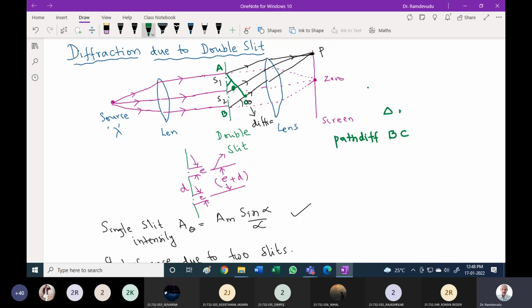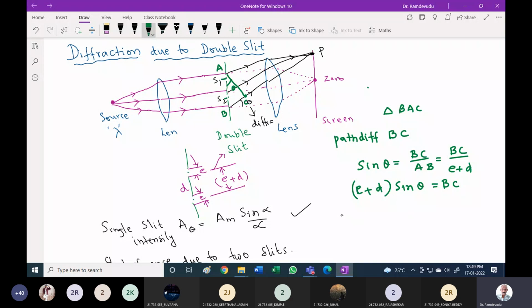From the triangle ABC, sine theta is equal to BC by AB, which is BC by E plus D, because AB is now E plus D. From center to center, I am taking E plus D. Hence, E plus D into sine theta is equal to BC, which is the path difference.